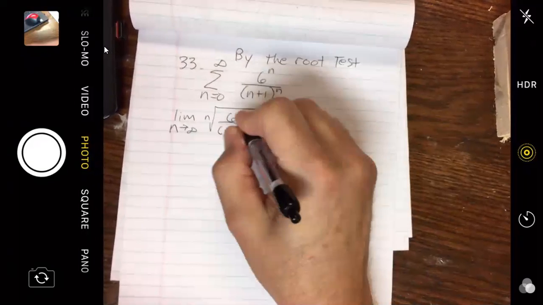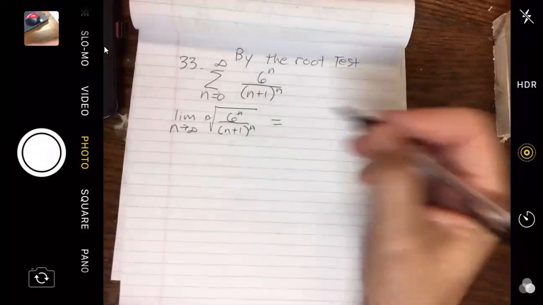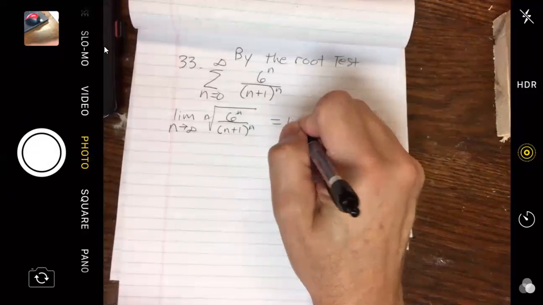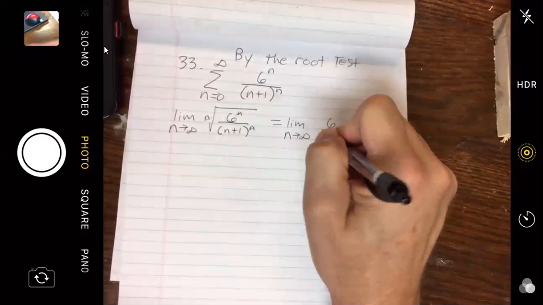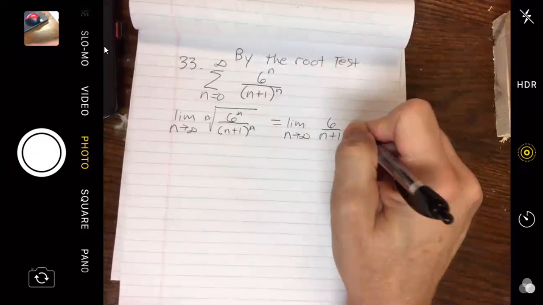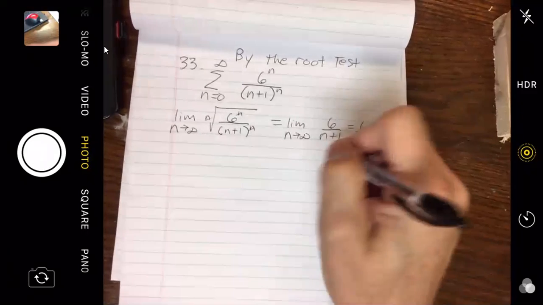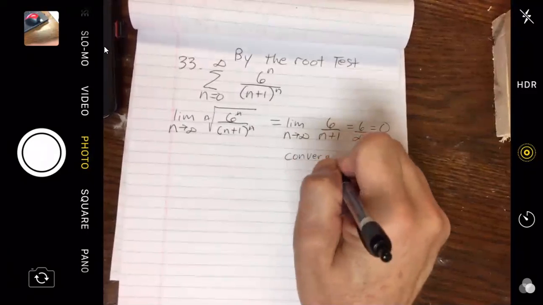And you see your n powers, the nth root is going to cancel both those powers. Nth root of something to the n, it just cancels. So you get a limit as n goes to infinity of 6 over n plus 1. That'll be 6 over infinity, which is 0. That's less than 1, converges by the root test.